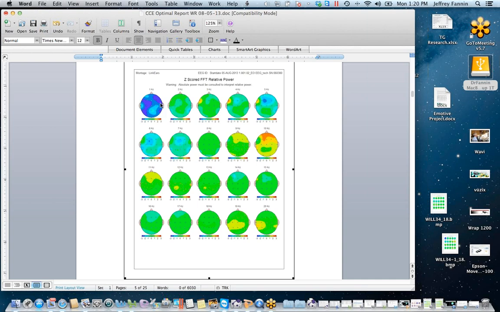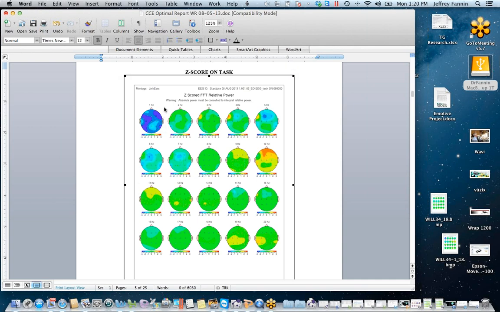Absolutely. Okay. So one of the things we know from doing hundreds of brain maps with people who are advanced meditators, and I've done a lot of brain maps on people who are psychic, clairvoyant, and very intuitive as well, is that 1 hertz seems to be the gateway to that collective conscious. So this is all that dark blue, indicating that it's 3 standard deviations below what would be considered normal.